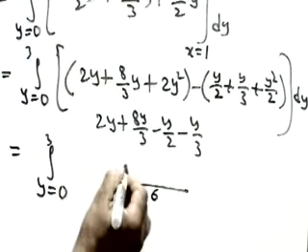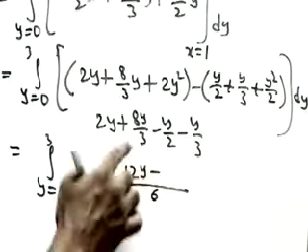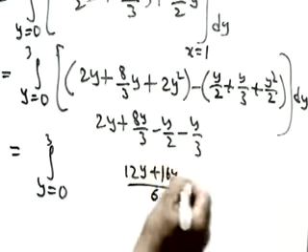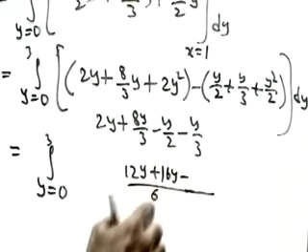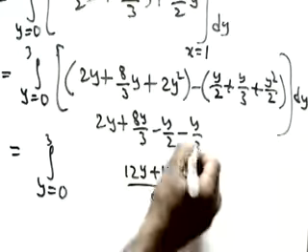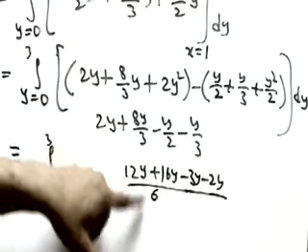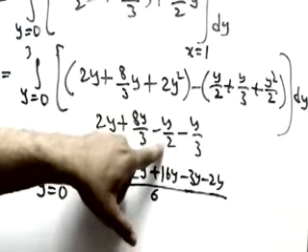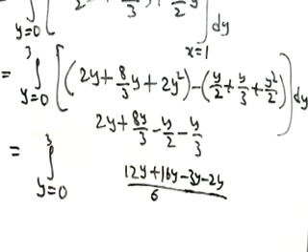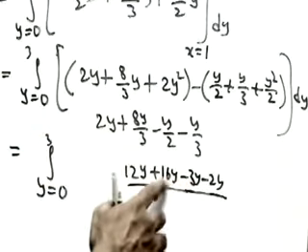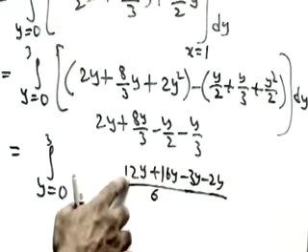The LCM is 6. So this will be 6 into 2, 12y, plus 2 8s are 16y, minus 3y, minus 2y. So 16 minus 5 is 11.